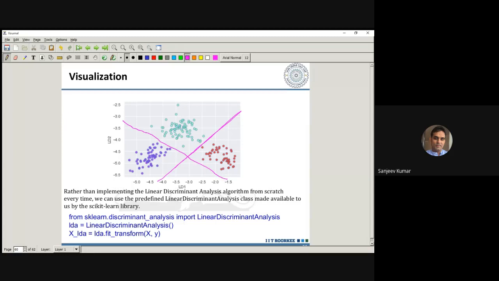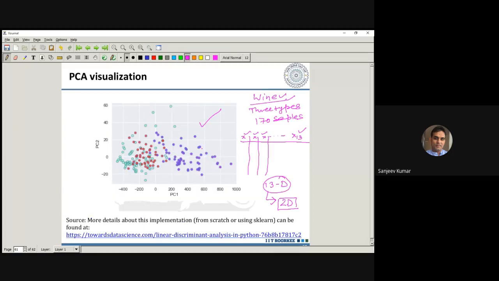Okay, but after applying PCA, what am I getting? I am getting mixed clustering. And for classifying this in 2D, you need a very complex classification model. Actually, in the original space in 13D, this problem can be solved using a linear classifier.